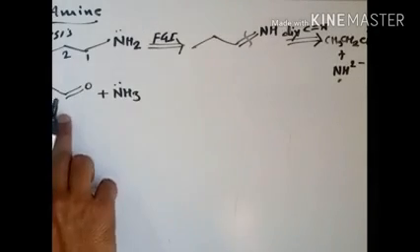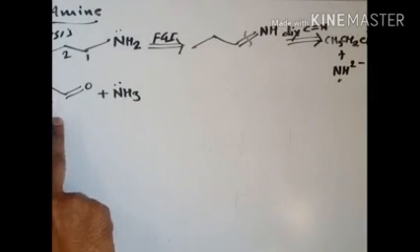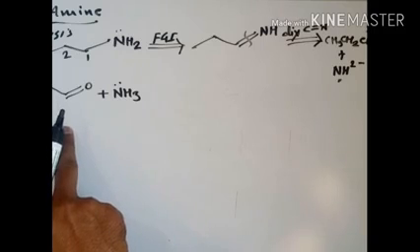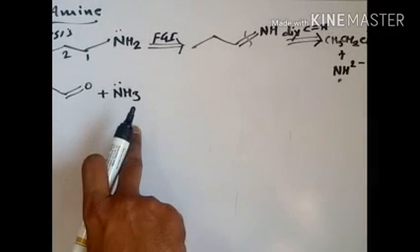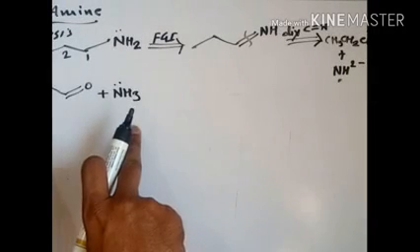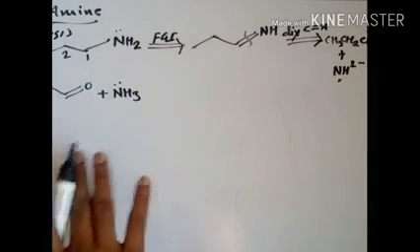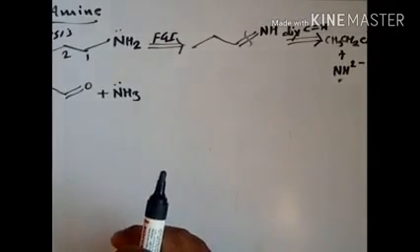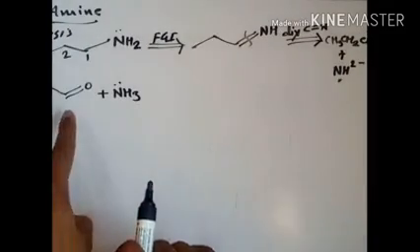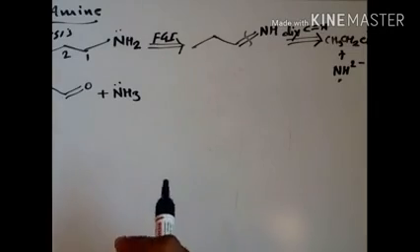Furthermore, what happened here, we got this aldehyde, and this is the NH2. So we got this moiety. Now we have to do the further disconnection of the carbonyl group.